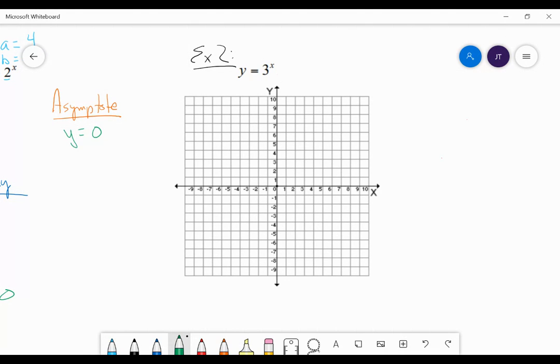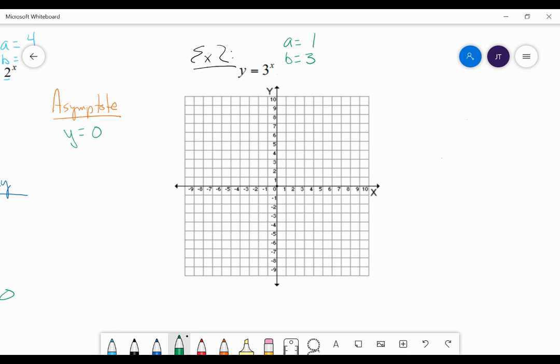All right, so here in example 2, we're going to start off with A and B. Notice there's nothing multiplied in front here, but any number that you multiply is a factor, so there's a 1 being multiplied here in front. So that means A is 1, and then B is 3.